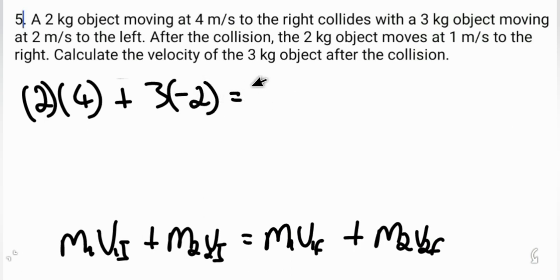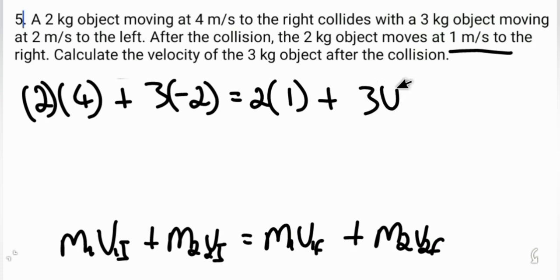This is equal to the mass of object number 1, which is 2, and its final velocity of 1 meter per second to the right, so it's +1, plus the mass of object number 2, which is 3, times the final velocity of object number 2. Let us do math now.